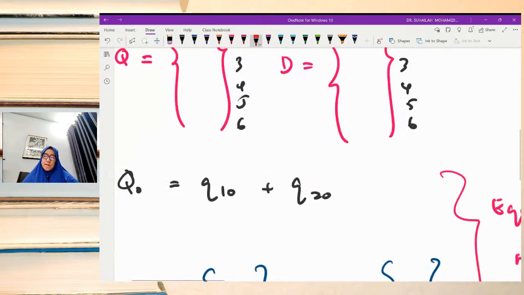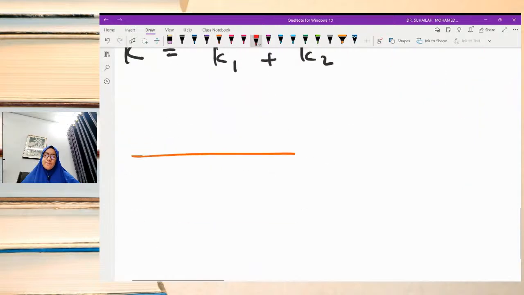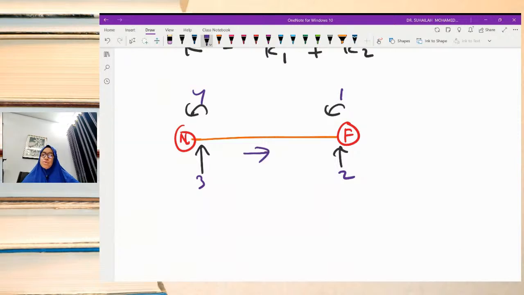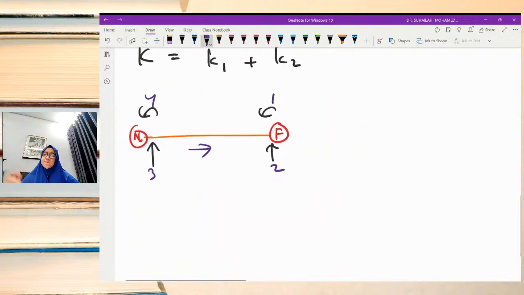We have Y and Z, so the label is 3 4 for near end, 1 2 for far end. It doesn't matter if you want to put the arrow.